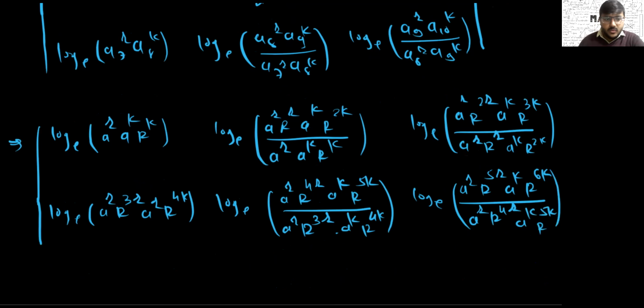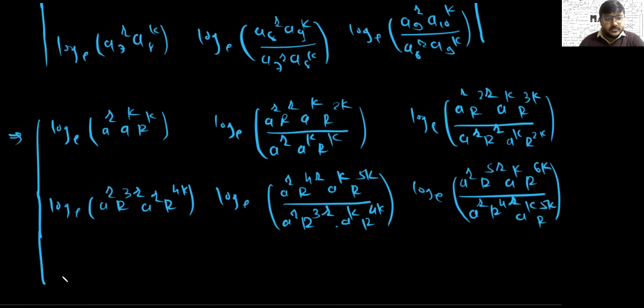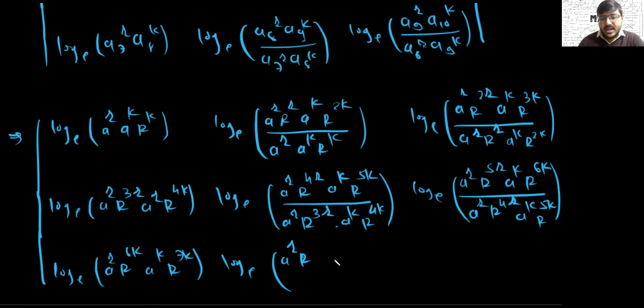And the last row will become log e, a^r R^(6r), a^k R^(7k). Log e, a^r R^(7r), a^k R^(8k), divided by a^r R^(6r), a^k R^(7k).